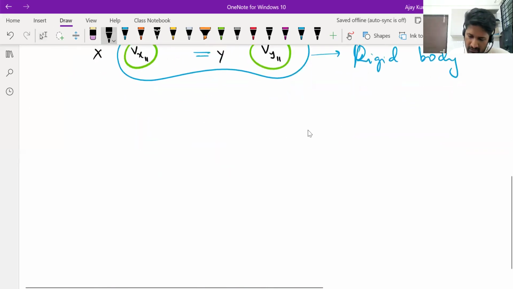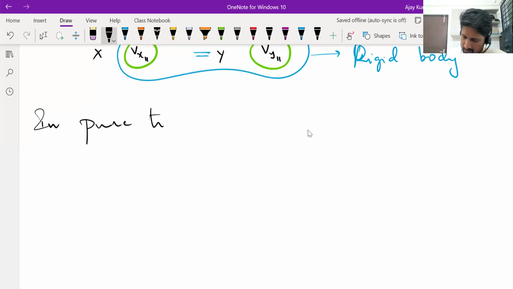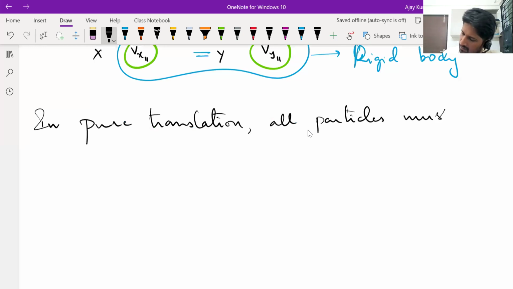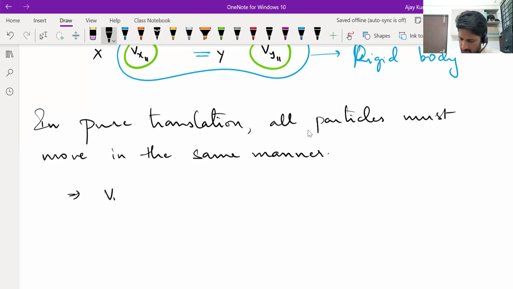So we can conclude that in pure translation, all particles must move in the same manner. That means velocity of the first particle must be equal to velocity of second particle must be equal to so on up to velocity of the nth particle.